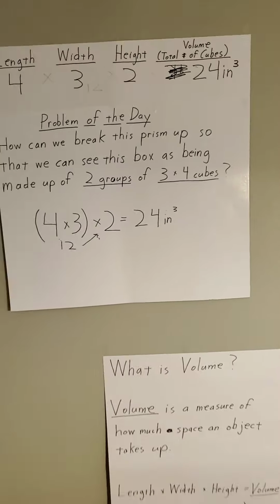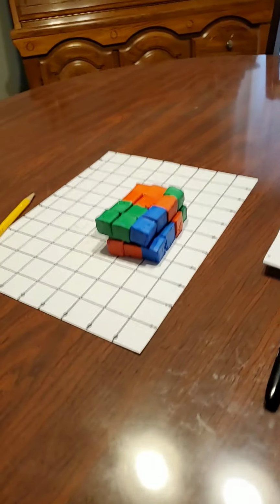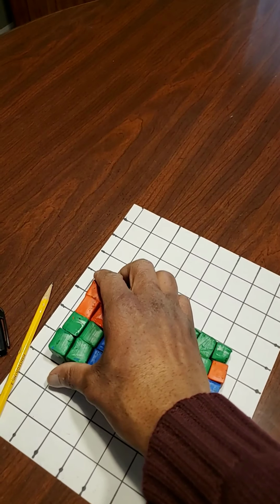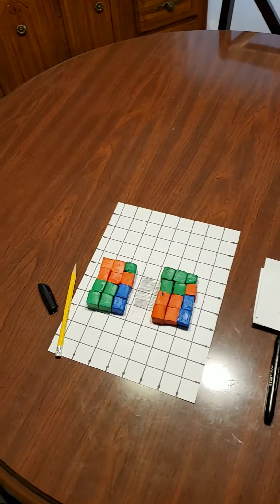Hold on. Whether I make this a whole rectangular prism or whether I split it up into 2 groups, it's still going to be 24 cubic inches when it's combined.